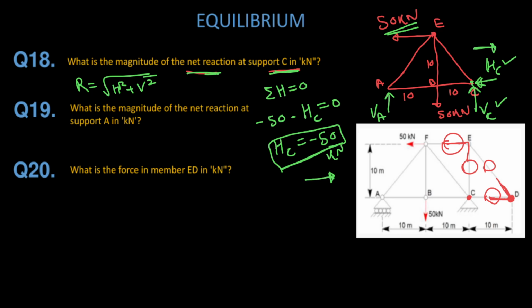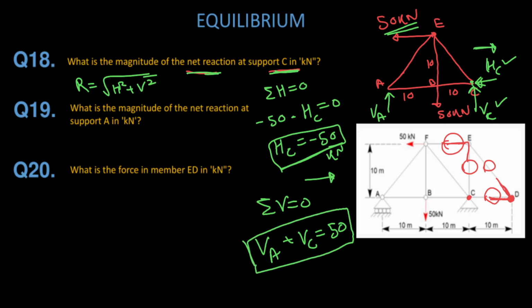Again, I need to calculate the vertical. For vertical, I'm applying the equation net vertical force is equal to 0. Here VA is upward positive, then VC upward positive is equal to downward 50. This is the equation I got.